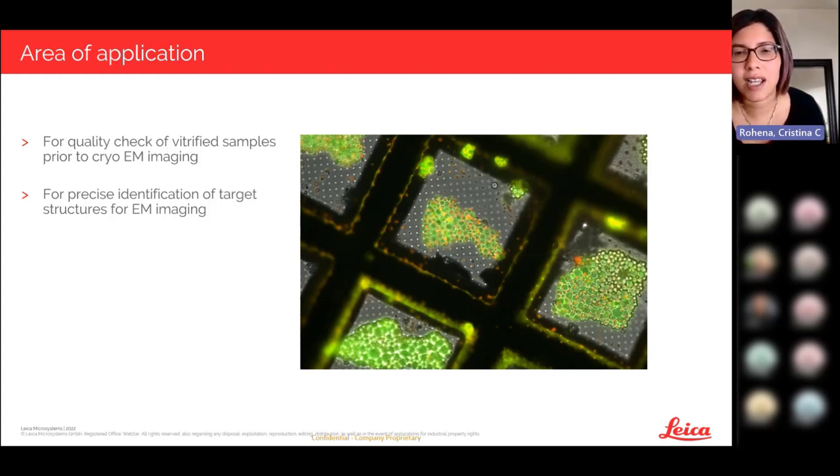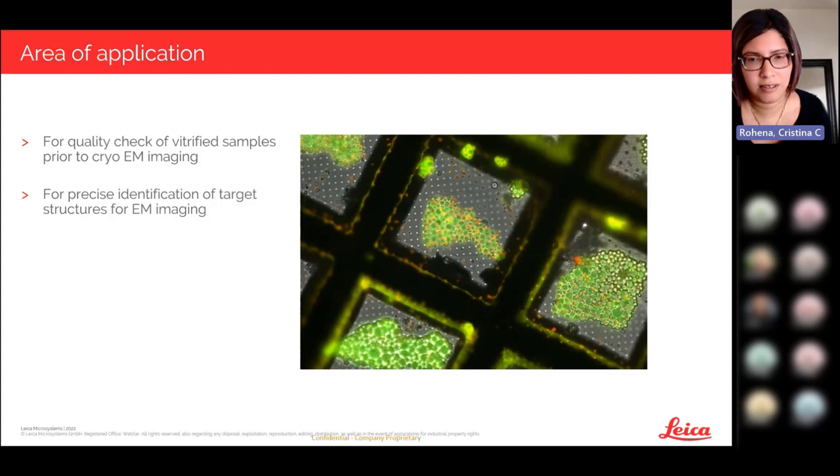And once you get to the final EM step, you really want to make sure that you have quality samples, right, that are not contaminated, and that are able to visualize your target of interest, thereby really positioning Thunder to this particular application. So you can really use this system to do quality check of your sample.